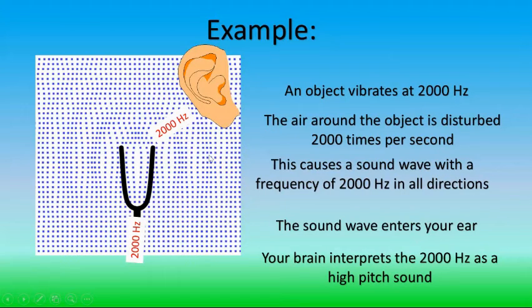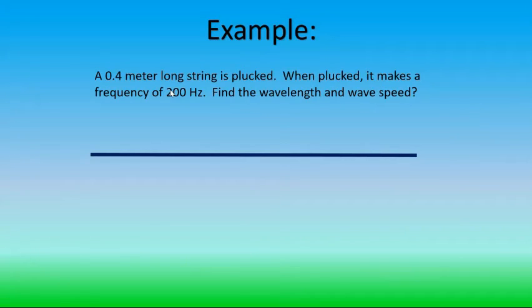If your ear is anywhere in this room, then this sound wave will enter your ear. It will vibrate the things in your ear 2,000 times per second, which your brain will interpret as a high pitched sound. Okay, so 90 hertz was a low pitch, 2,000 would be a very high pitched sound. So that's how you hear sound.